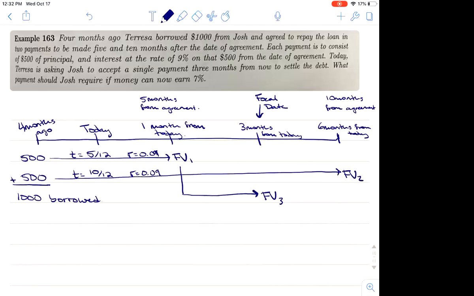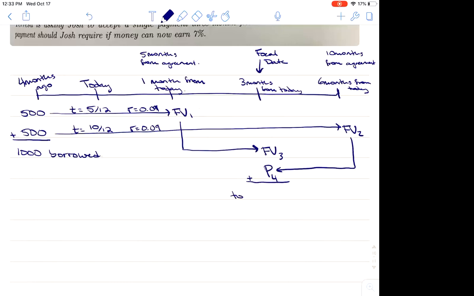So this little guy is going to get pulled back to some P4. And the total here is going to be the total owing 3 months from now.